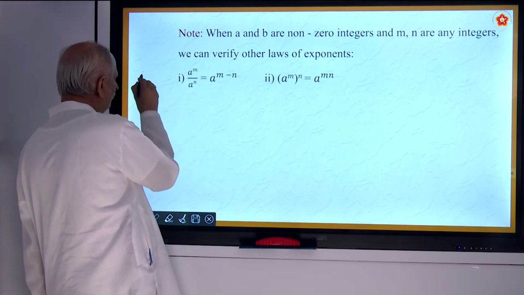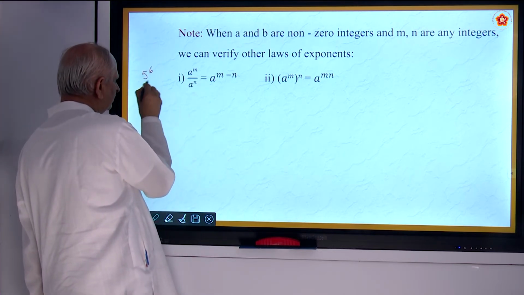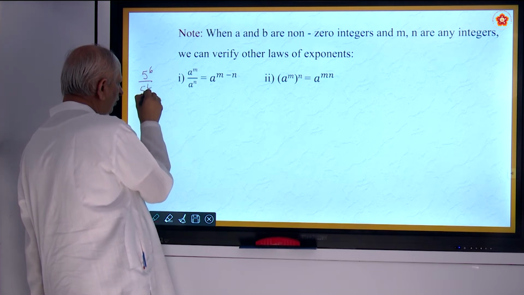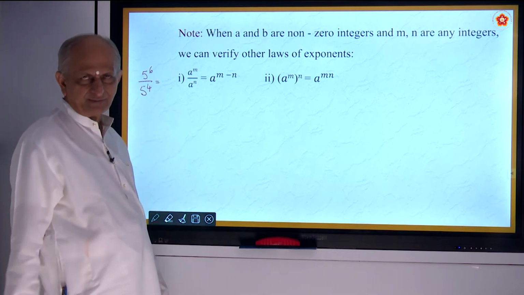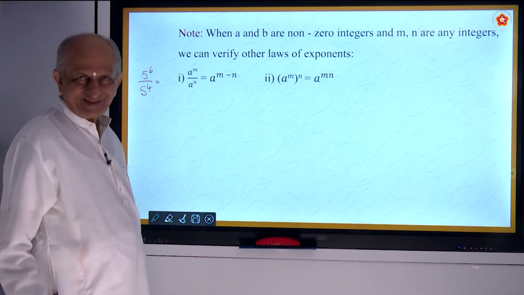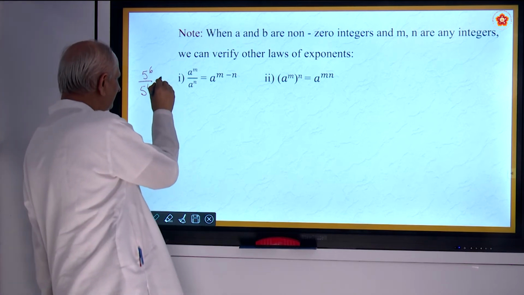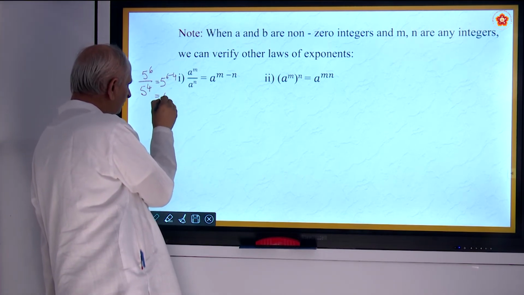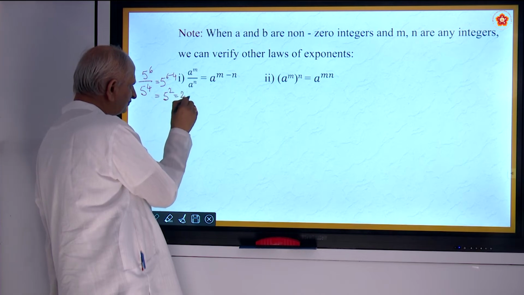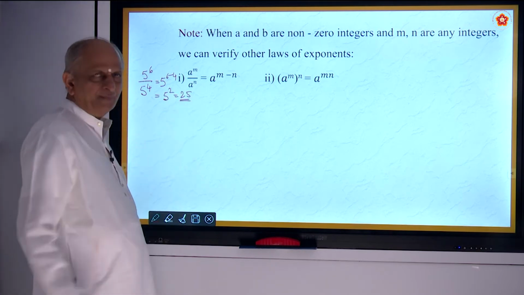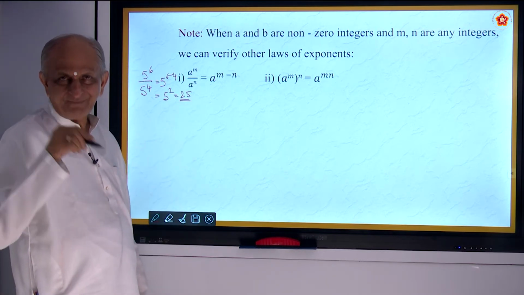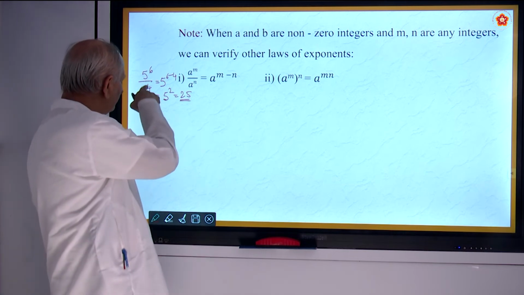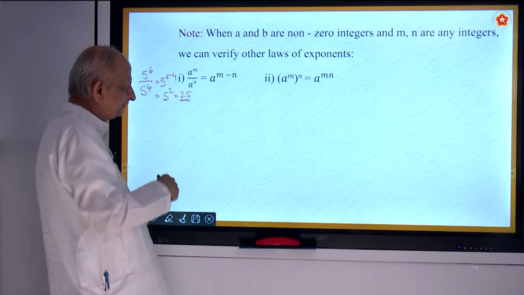So for example, I will give one example here. Say suppose you have 5 to the power of 6 by 5 to the power of 4. What is the answer? Come on. Answer will be 5 to the power of 6 minus 4, that is 5 to the power of 2, that is 25. But here base must be same. Here 5 you have taken base. Same.